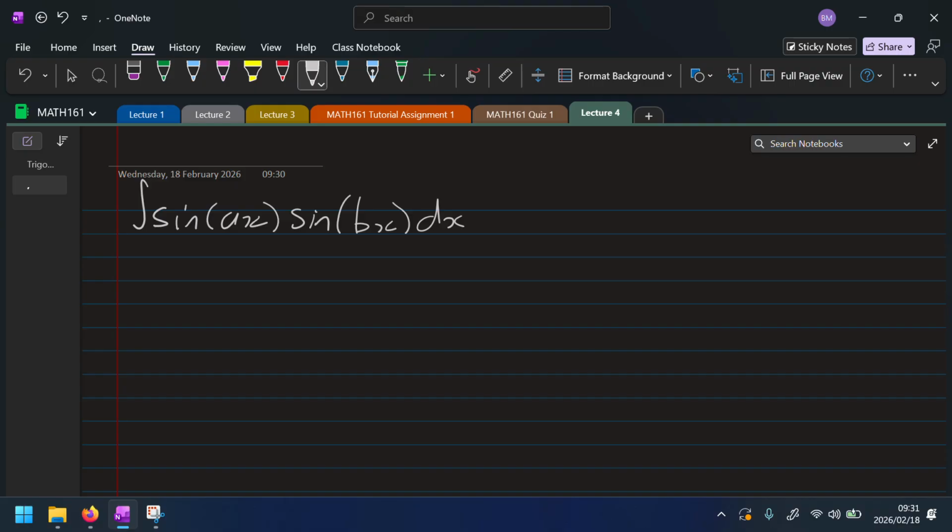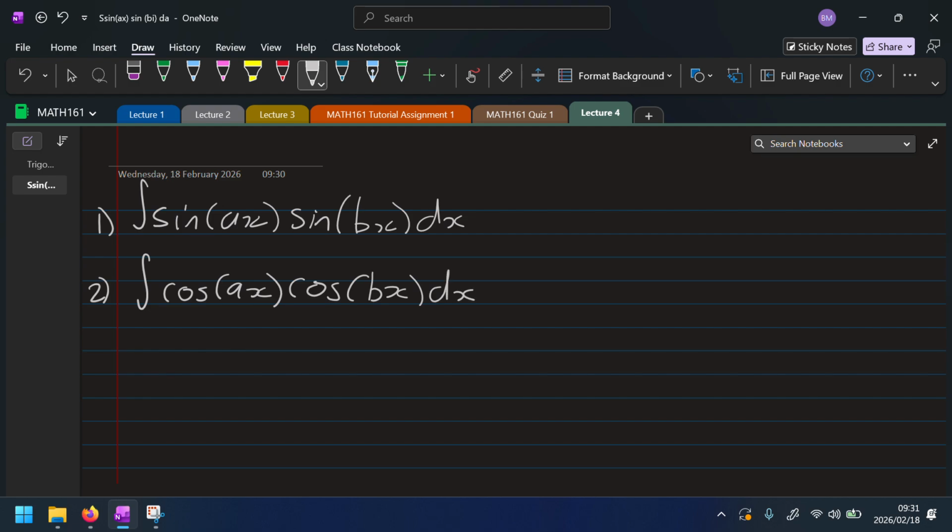So it will be sine ax sine bx, no powers. That's type 1. Type 2, integral of cos ax cos bx. So type 1, both are sine. Type 2, both are cos. You can guess what 3 is going to be. Sine and cos, yeah.